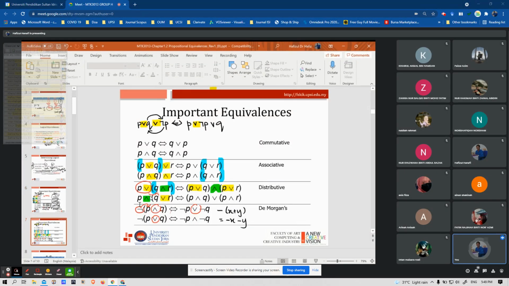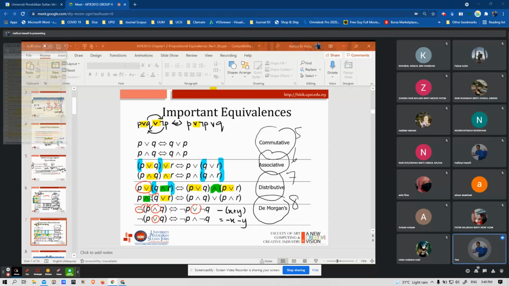Okay, and then we have another 4. Total together is 8. This one is number 5, number 6, number 7, and number 8. Okay, we have the commutative property. In short, they will conclude that for commutative, the order of operation does not matter.